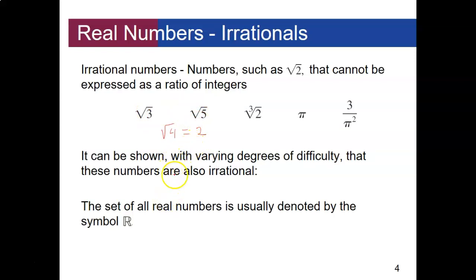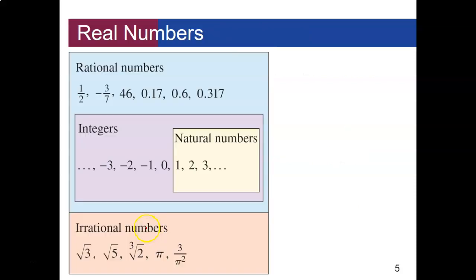Okay, so one symbol that I want you to be familiar with is this double-backed R down here, and that's the symbol for the set of all real numbers. So here's a Venn diagram representing real numbers. This outer block here is the real numbers. Within the real numbers, we have the rational numbers and we have the irrationals.